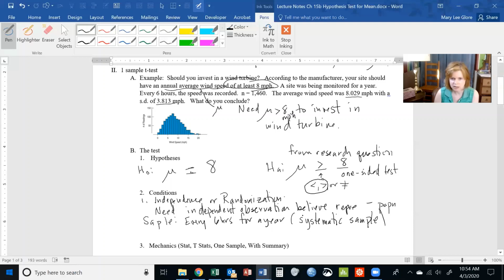So I think that this sample should be representative, and are the wind speeds independent of each other? So if it was windy at 9 a.m., then 6 hours later at 3 p.m., is that wind independent?